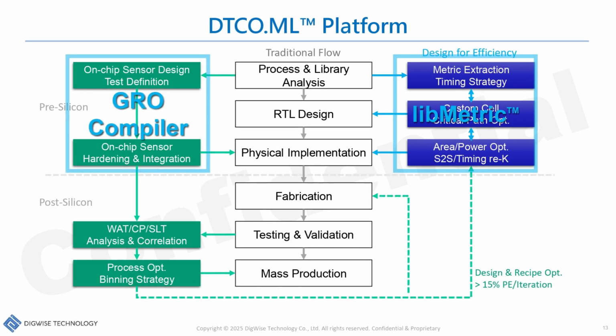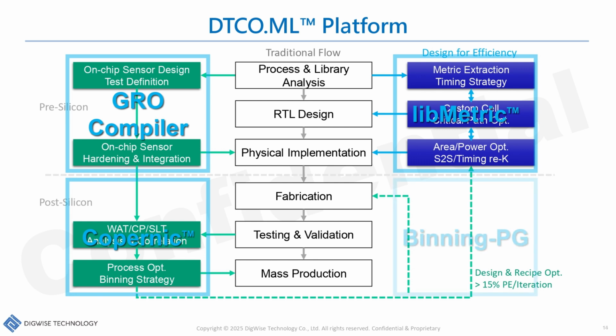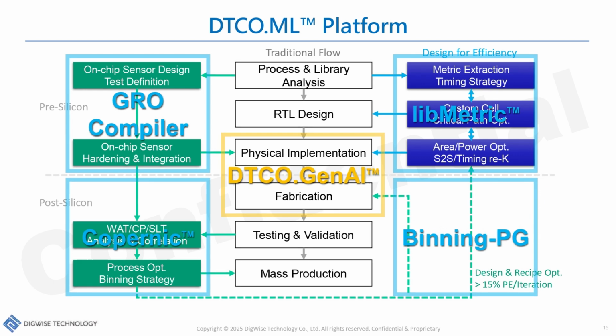GRO Compiler, a user-friendly RO compiler that simplifies configuration and circuit synthesis for delay line creation. Copernic, a performance analysis tool that visualizes multidimensional data and helps optimize process parameters and yield. Binning PG, a machine learning-powered tool for systematic chip binning, grouping similar performance chips to maximize product value and efficiency.